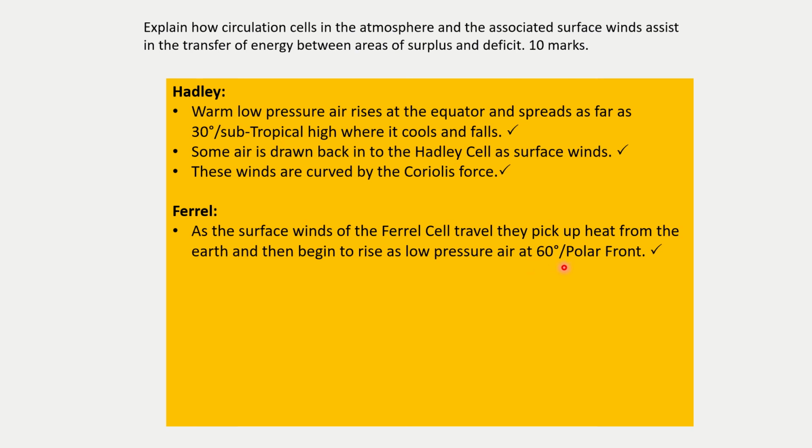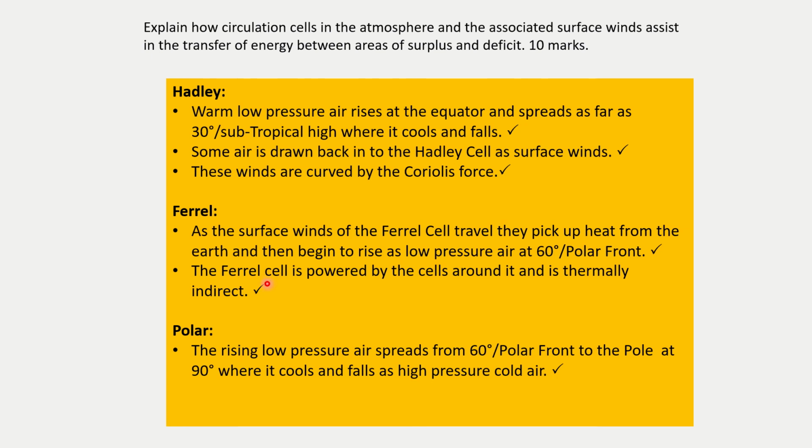At 60 degrees, the polar front. The Ferrel cell is powered by cells around it, and it is thermally indirect. Tick. If you want to add anything to that, you might mention that the Ferrel cell acts to transfer energy from the Hadley to the polar cell and back again, but I'm trying to keep this simple.